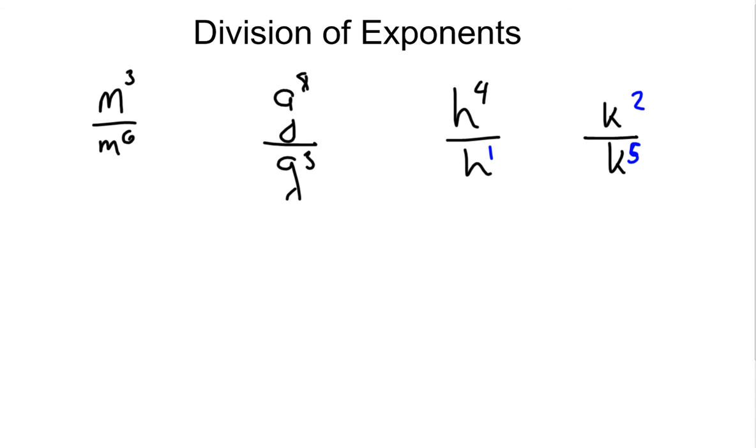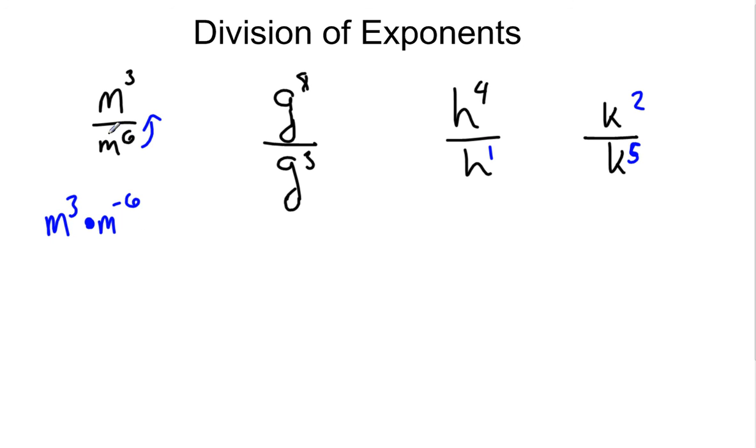So here's what Mr. Dunkelberger likes to do. If he has exponents on the top and the bottom, he likes to just get everything together and then worry about the math. So what he would do is take all the stuff on the bottom and move it up top, worrying about the negative exponents. So if you move this m to the 6th up top, you have m cubed on the top, times m to the negative 6th.